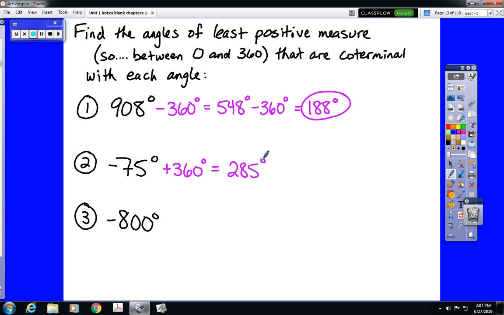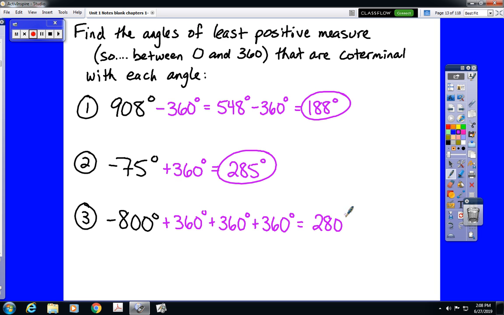So on number 3, we would do the same sort of thing, except we'd have to add a single rotation a couple of times. In fact, 3 times would get us there. If we add 360, 360, and 360, we get an answer of 280 degrees. So that's the first problem where we're going to have to deal with coterminal angles.